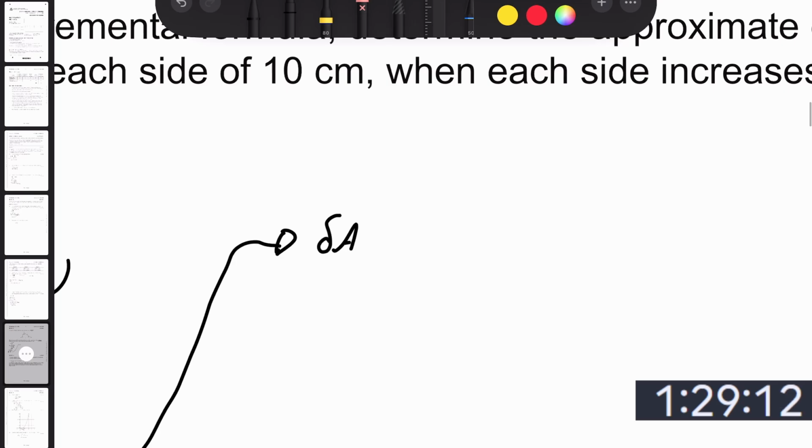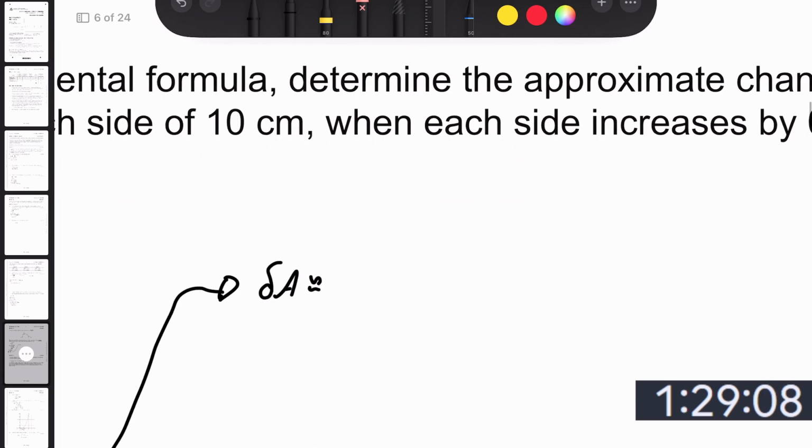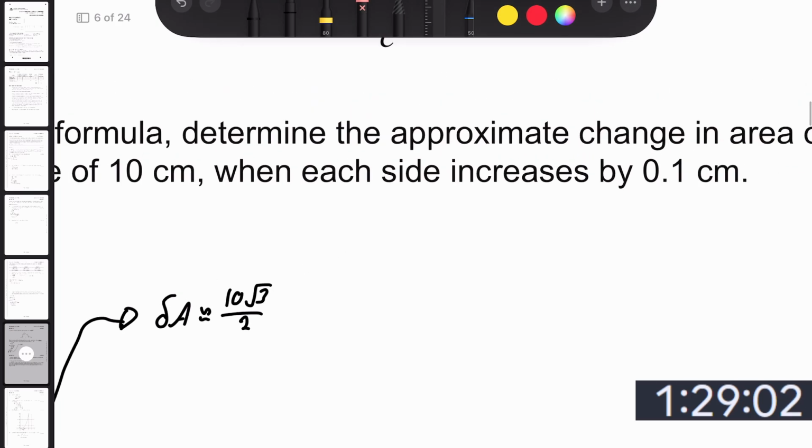Change in A is approximately equal to, now 10 centimeters, so this is going to be 10 square root of 3 on 2, and an increase of 0.1, so I'm just going to write that as 1/10.